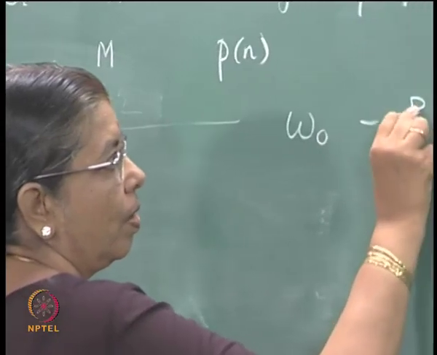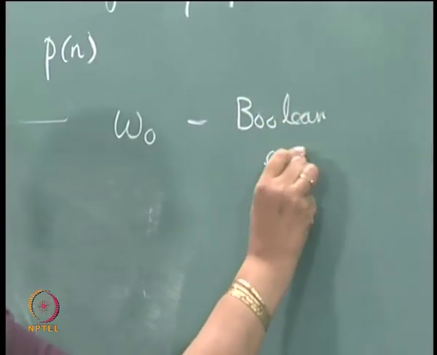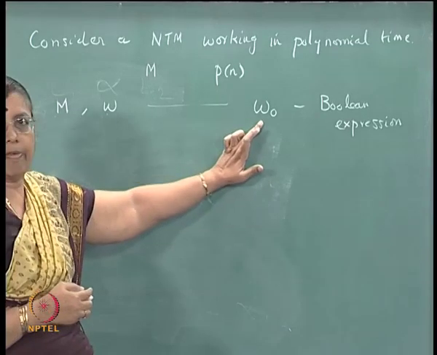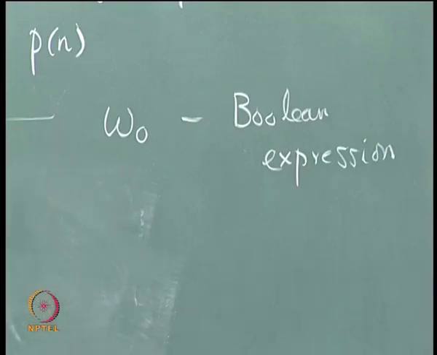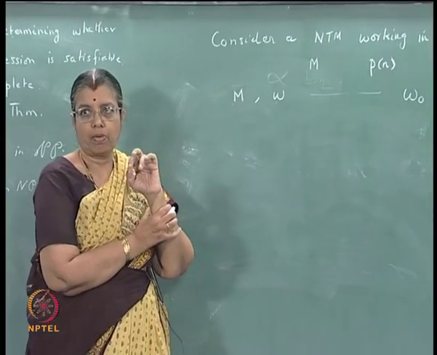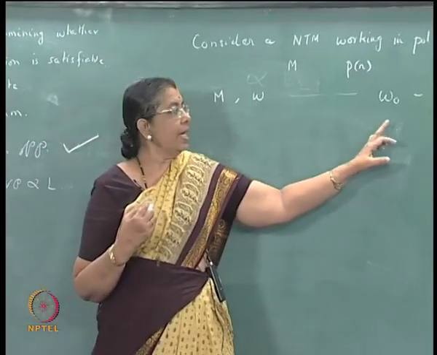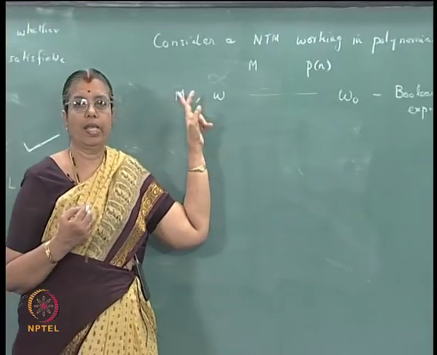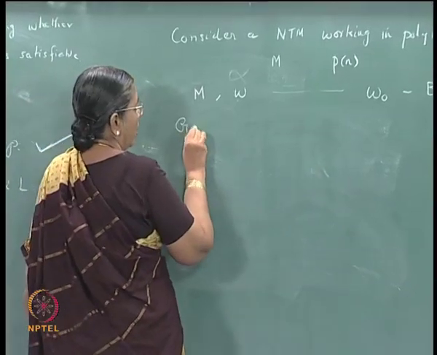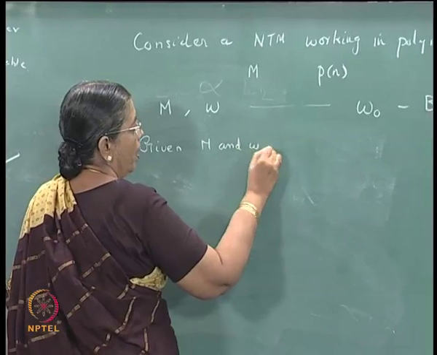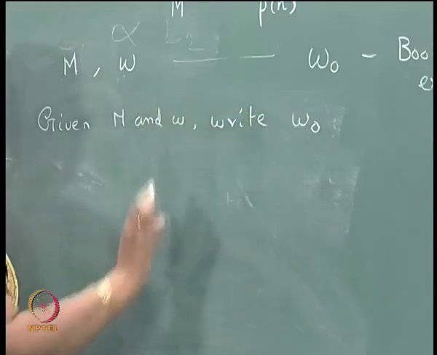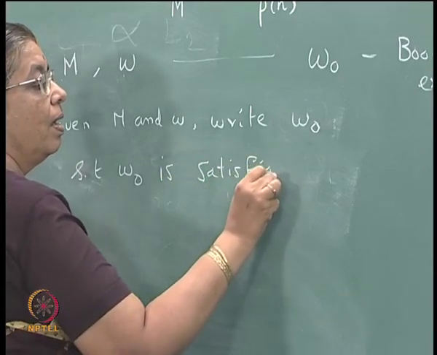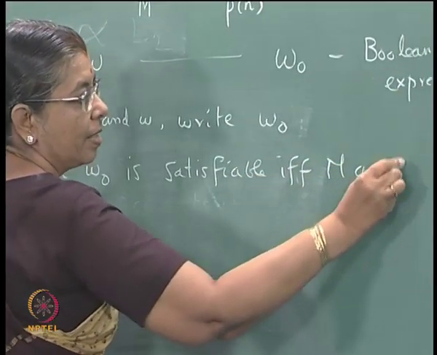This is a Boolean expression which will be satisfied if and only if M accepts W. Given M and W, you write a Boolean expression W naught, such that W naught is satisfiable if and only if M accepts W.